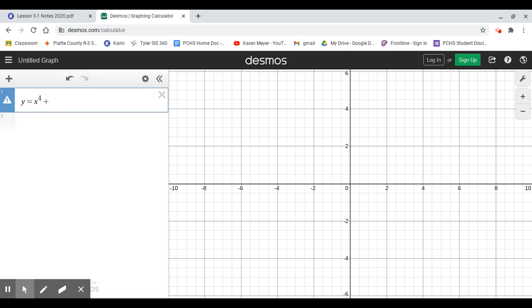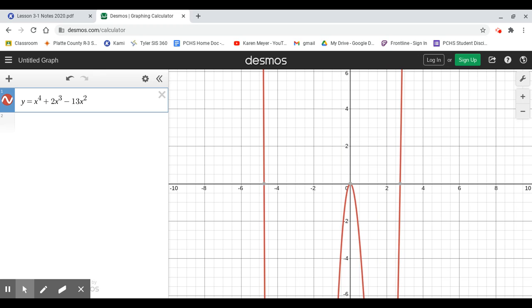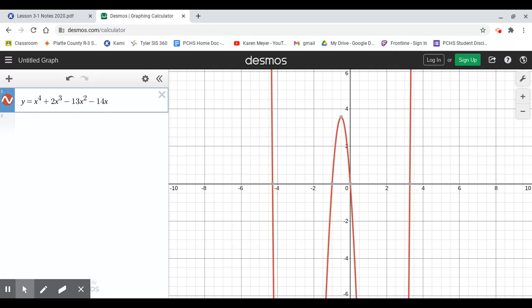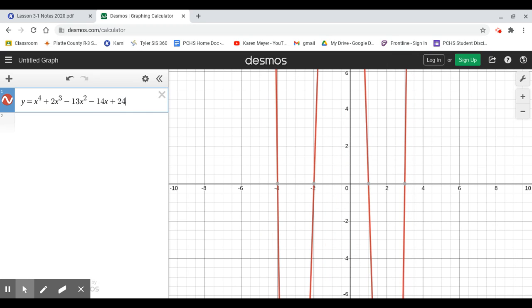And then plus 2x, and then shift 6 to get an exponent again, 3. Arrow down. Minus 13x, shift 6, 2 for my exponent. Arrow down. Minus 14x. Plus 24.